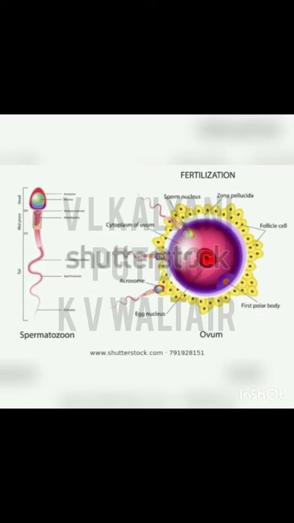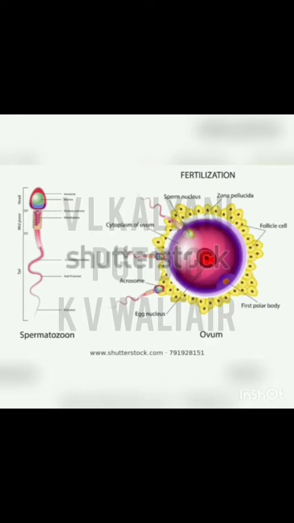The sperms reach and come in contact with the zona pellucida, and only one sperm can enter, because once a sperm tries to penetrate, it changes the membrane and blocks the entry of more sperms into the egg.